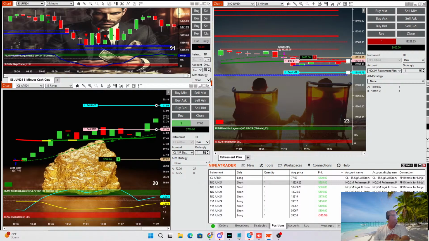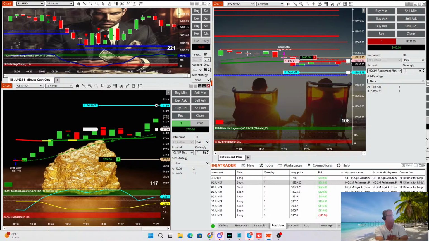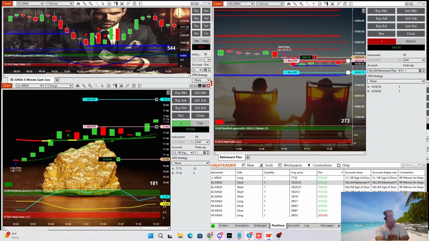Wow, that crude oil is just really bouncing nice. Holy moly. What a trade on crude. It is printing money this morning.